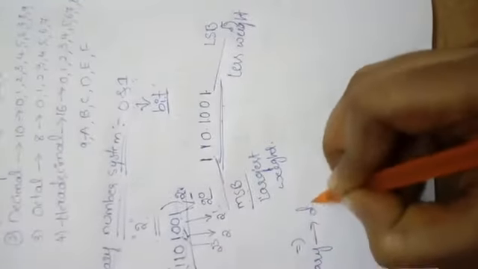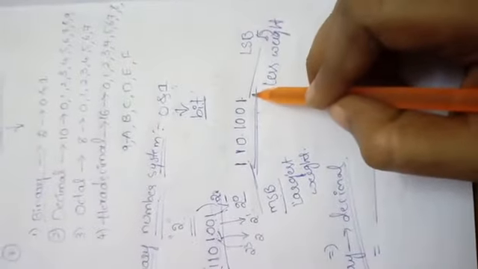So how to convert a binary number to a decimal number? We have this binary number, and we convert it by adding all the bits.